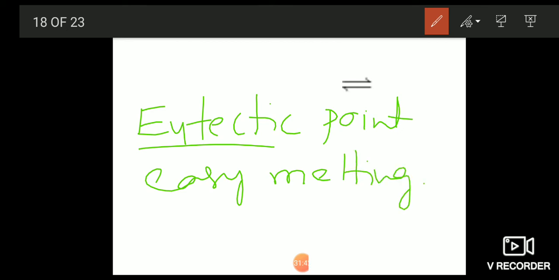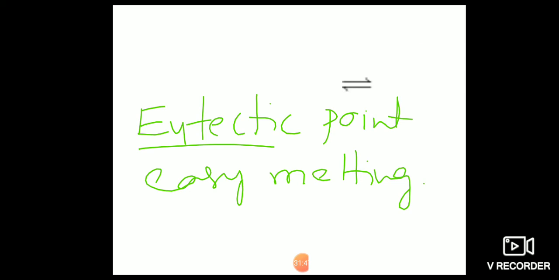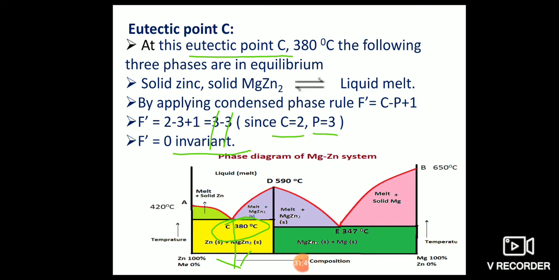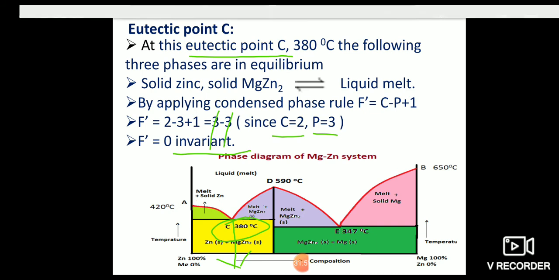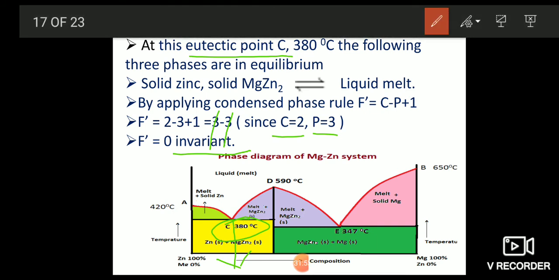That is, eutectic point means easy melting point. What does it mean? Pure zinc melts at 420 degrees Celsius. Pure magnesium melts at 650 degrees Celsius. But a particular composition of magnesium plus zinc melts at 380 degrees Celsius only.